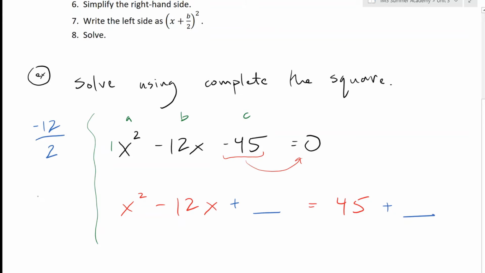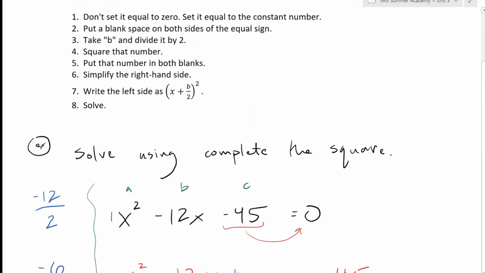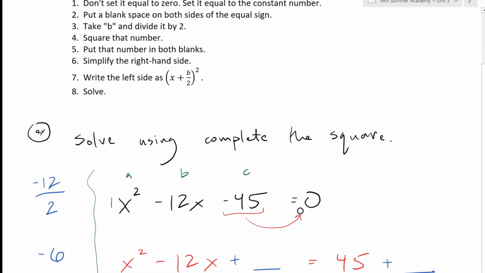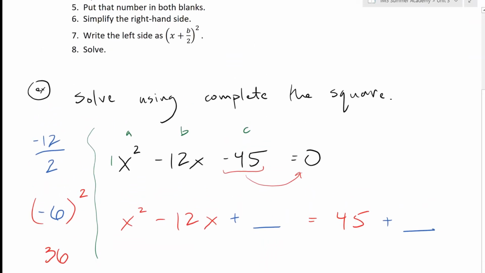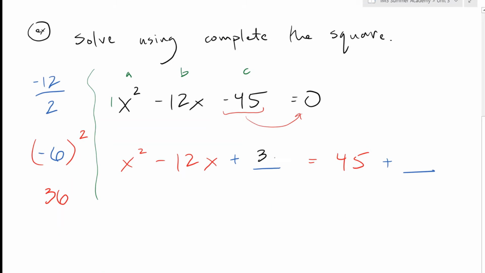Negative 12 divided by 2 is negative 6. Step 4, square that number. So we're going to take that, negative 6, and we're going to square it. So negative 6 squared is a positive 36. That number is going to go into those 2 blanks. Put that number in both blanks. So a 36 here, 36 here.